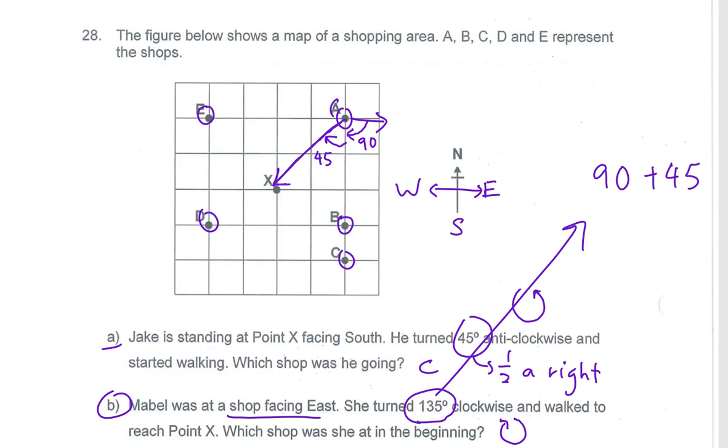So my guess is correct, point A. She was at shop A first, and she did a 90 plus a 45, which is a total of 135, and she got back to X. So the answer for this will be A. So, hardworking. If you are very desperate and you really want to earn that 1 mark, okay, do it the hard way. You can do your guess and check, making sure and seeing whether A, B, C, D, or E is the shop that she was at. Do the 135 degree turn.